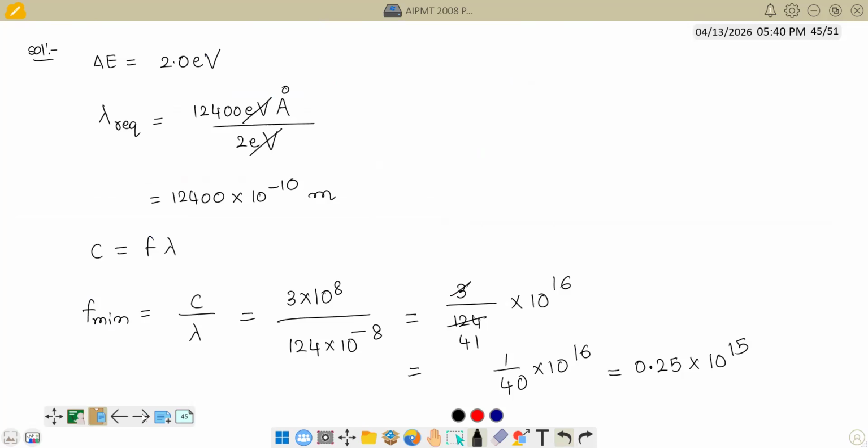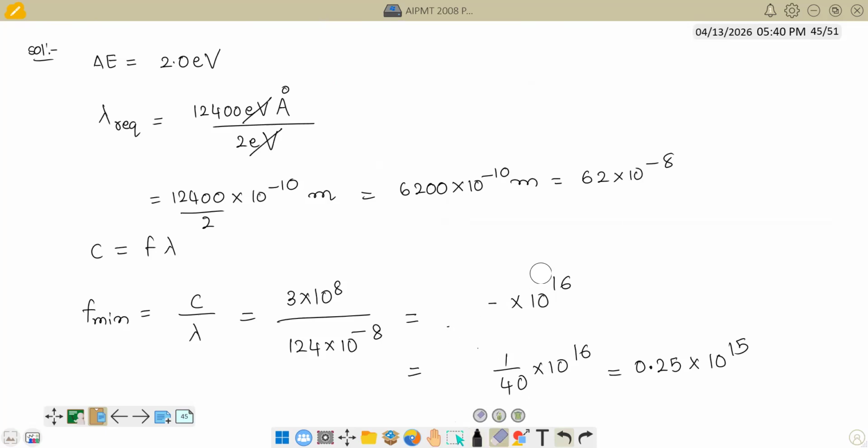I think we have made a small mistake here. I did not divide this by 2, so that's why I'm not getting the answer. So it will become 620 into 10 power minus 10 meters, which is 62 into 10 power minus 8.